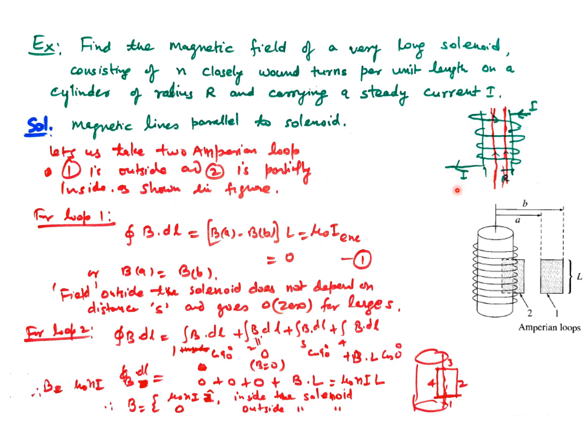We have to find the magnetic field at an outside point and at an inside point of this solenoid. First we take the case where point P is outside. In that case, if we take an Amperian loop at point P, we will see that inside this loop there is no current enclosed.